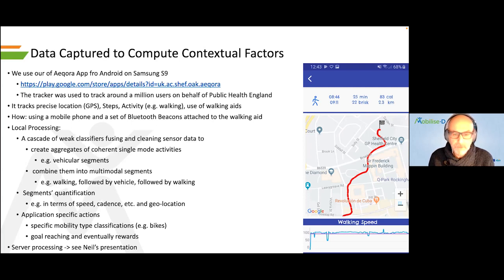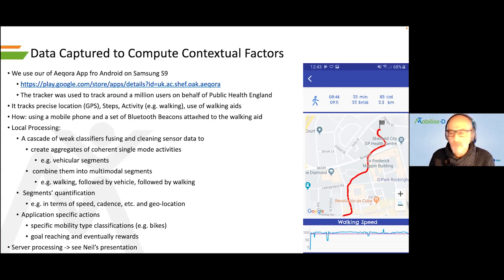We use mobile phones and we use Bluetooth beacons attached to the walking aids to detect the presence of the walking aids. And then the phone collects the data and then uses classifiers, a cascade of weak classifiers, to fuse and clean the information, and to create aggregates that are trajectories, or if you like, walks that people take.